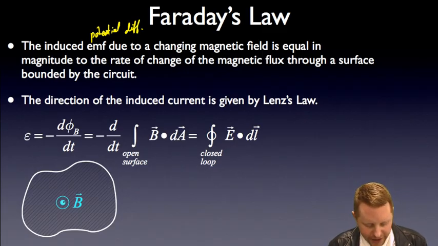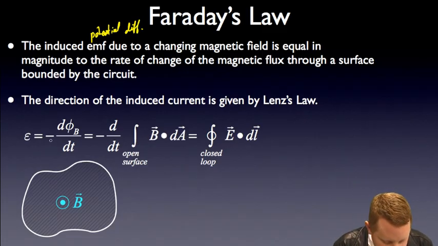Taking a look here, we have a magnetic field coming through a loop of wire down here. This would be our magnetic field. This would be our closed loop or our open surface. So really what Faraday's law is telling us is how to find the induced potential difference or the induced current due to a changing magnetic flux.